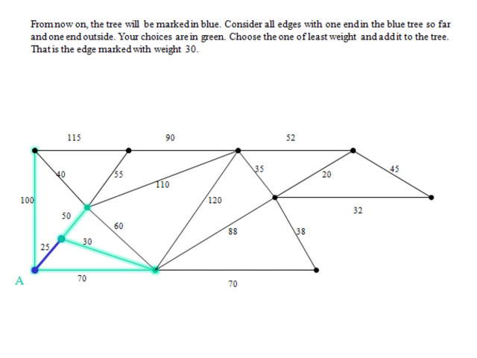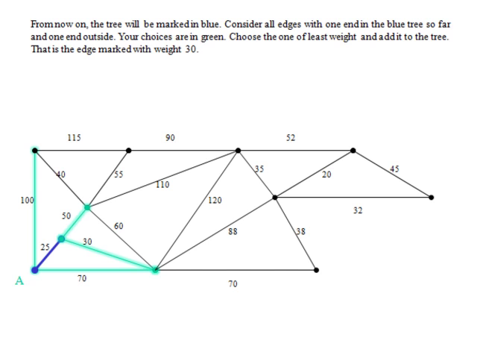An edge is under consideration if it has one vertex in the blue tree and one vertex outside of the blue tree at that step in the algorithm. In this algorithm, the sorting is done on a subset of edges, just those under consideration at each step. But this subset changes at each step depending on what the tree looks like.